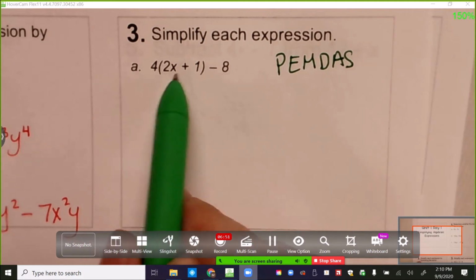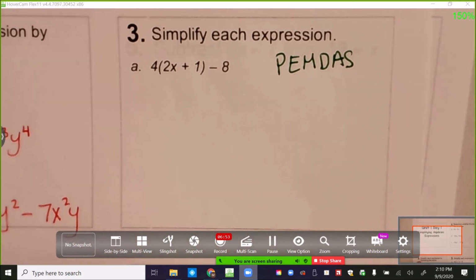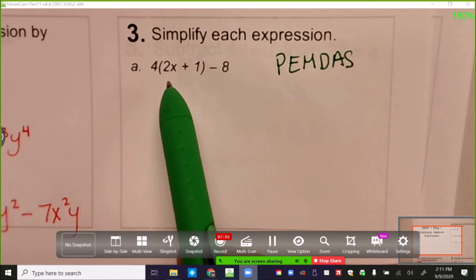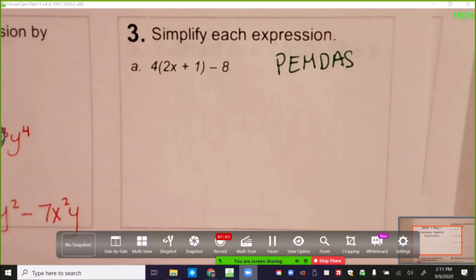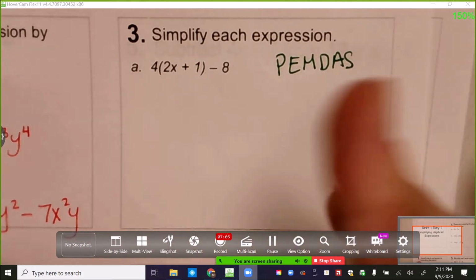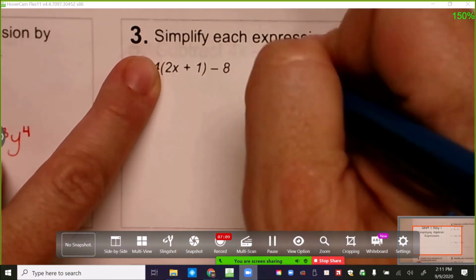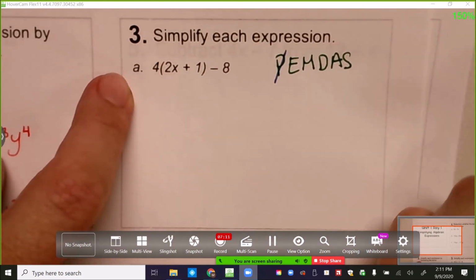Can I simplify what's inside my parentheses here? 2x and 1. Can I simplify 2x plus 1? Not yet. Hold on. You're going too far. Just inside the parentheses. No. So I can ignore my parentheses for right now. Are there any exponents? No.